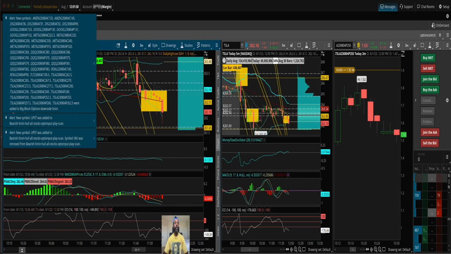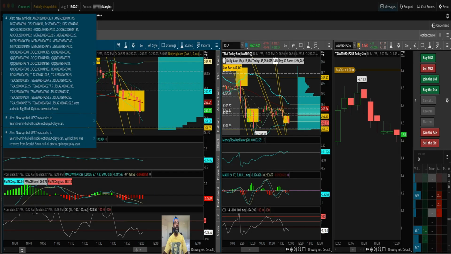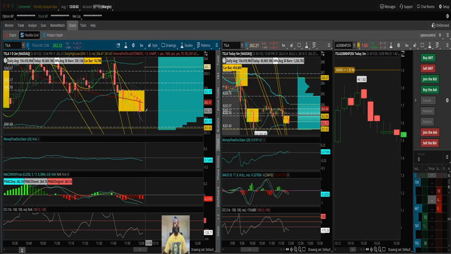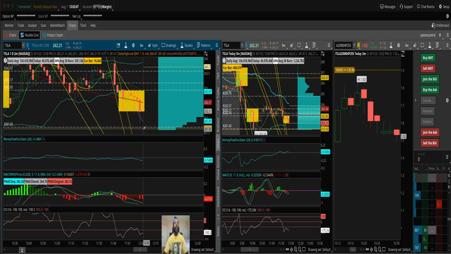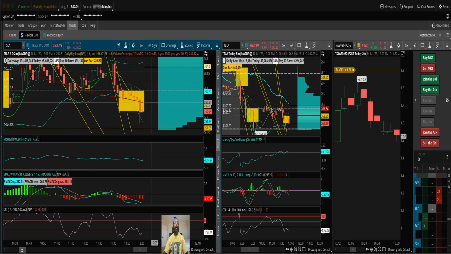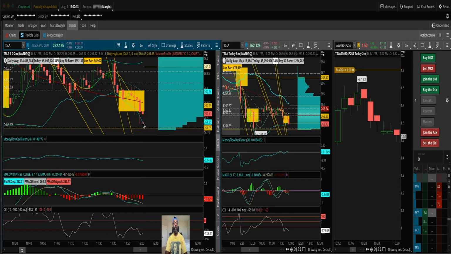Let me continue to move this. Now, you're wondering, where is this supposed to go? Well, here's the lower end of the volatility band. You see it just touched it right here. What's that price level?